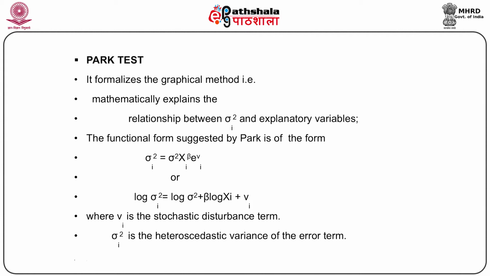Or, taking the log on both sides, the model can be rewritten as log sigma i square equals log sigma square plus beta log xi plus vi, where vi is the stochastic disturbance term and xi is the explanatory variable, and sigma i square is the heteroscedastic variance of the error term.